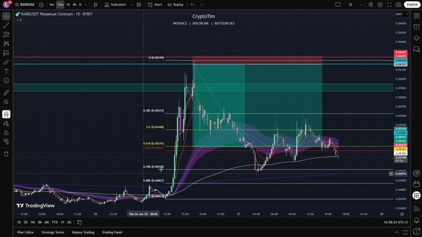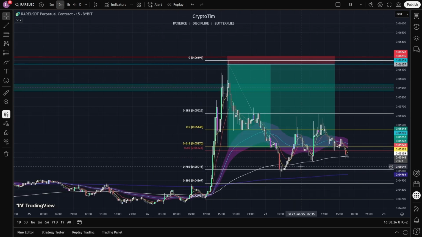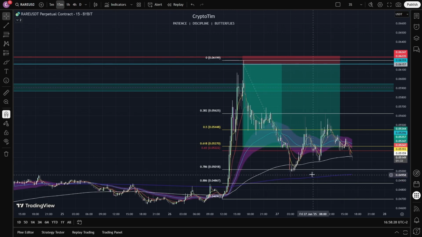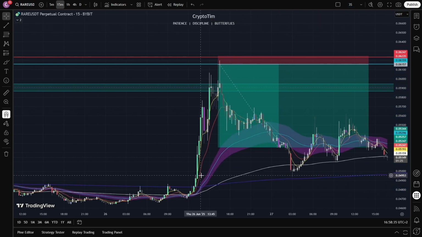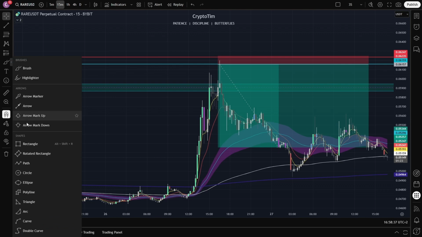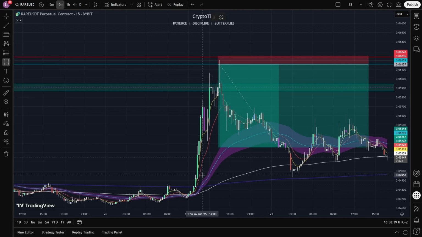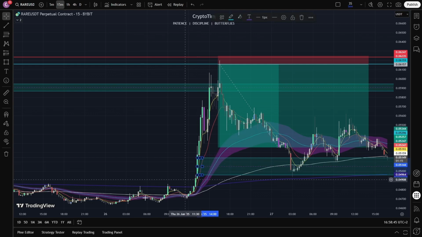You can see they even went to the 786 FIB level, found some support around this area, onto the 800 EMA as well, and the full recovery of this fair value gap we saw over here. So they pretty much fully recovered this fair value gap as well.